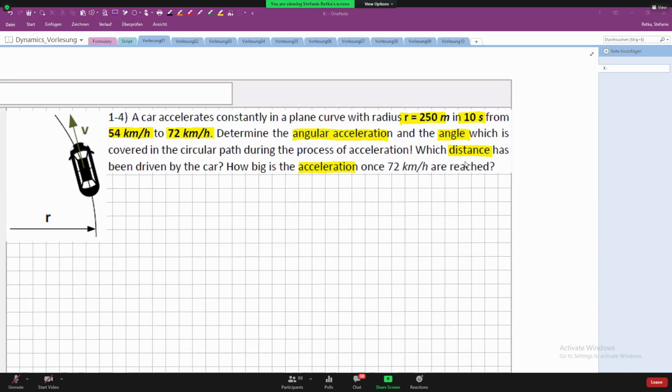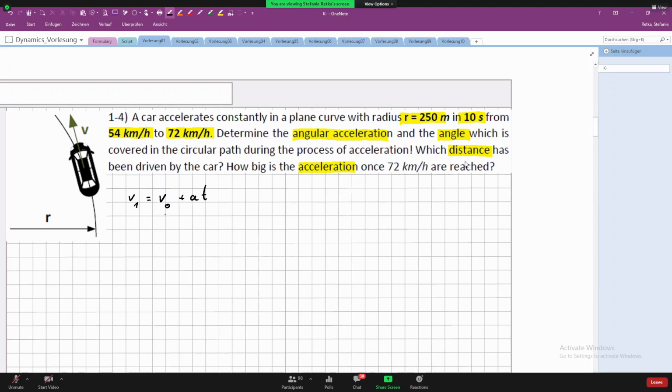Okay, I think I will show you the solution. What do we have? We have a simple motion again. It's a pure circular motion. Our point mass, the car moving through a curve, and we know it accelerates constantly. So it's a constant acceleration, and we can state our equation for the velocity: v1 is v0 plus a times t. We know velocities v1 and v0.